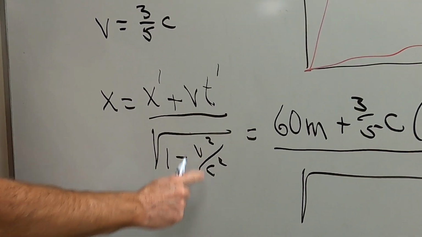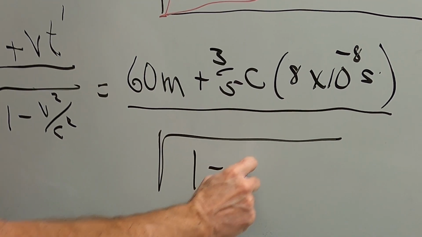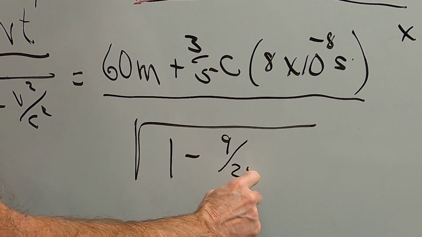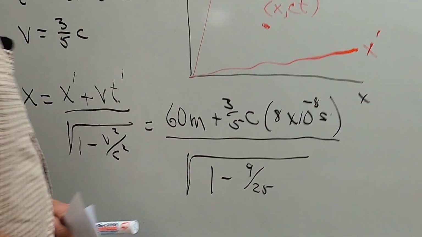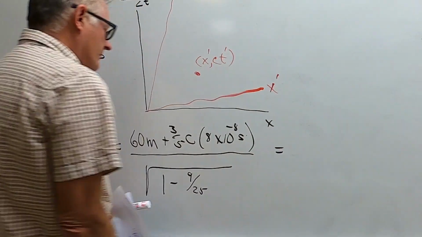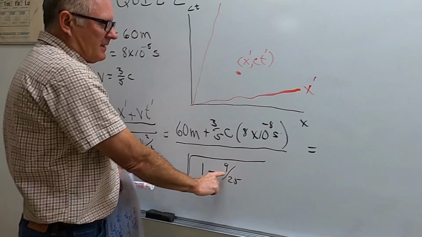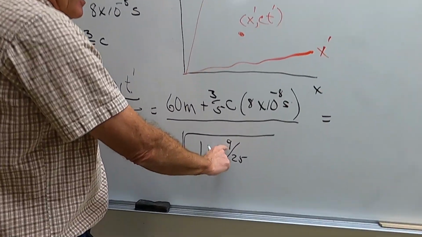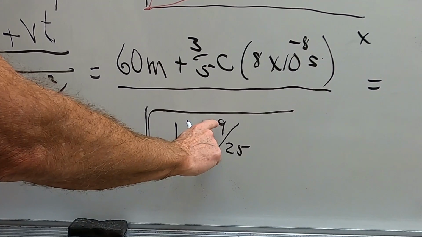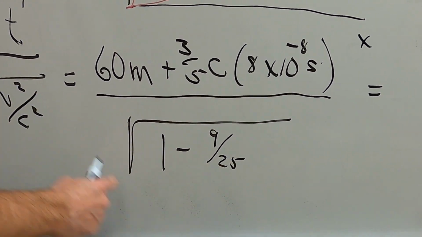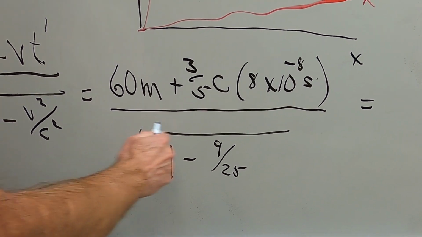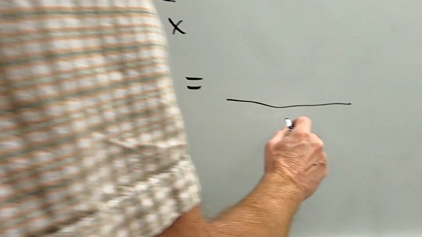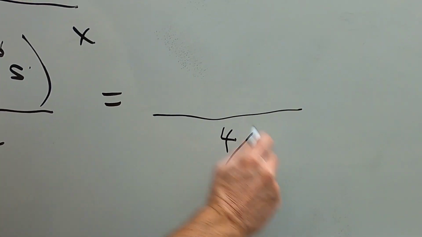So the c squares drop out, and this is just 1 minus 9/25. The denominator becomes 1 minus 9/25, which is 16/25. Take the square root of it, and that's 4/5. So the denominator is just 4/5.